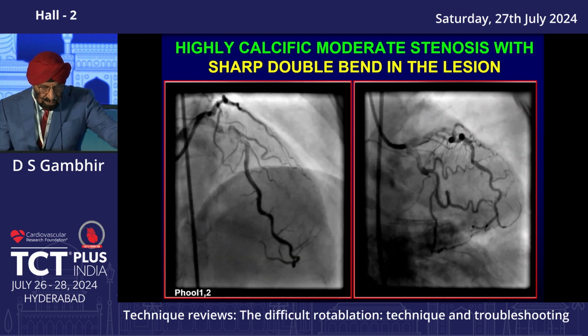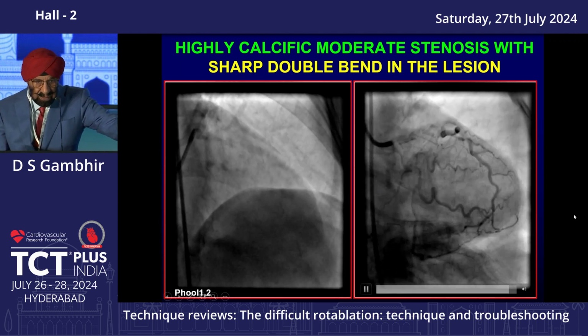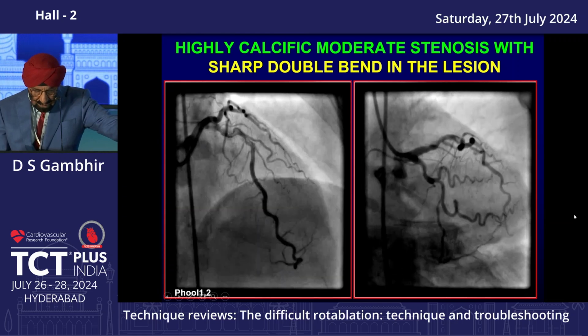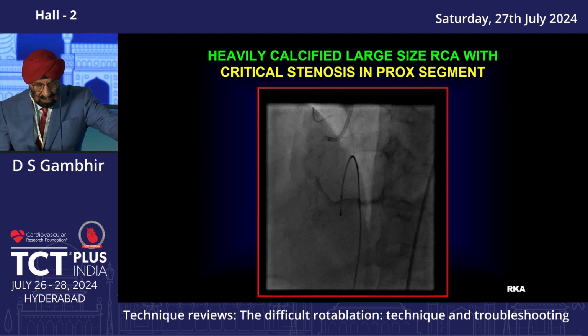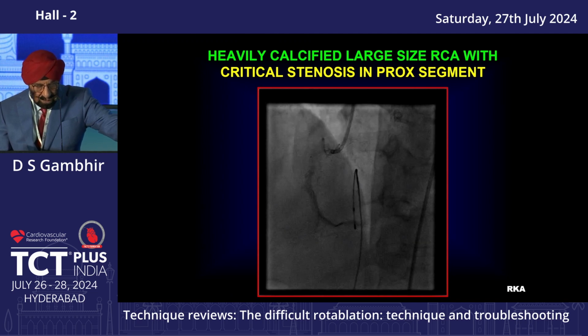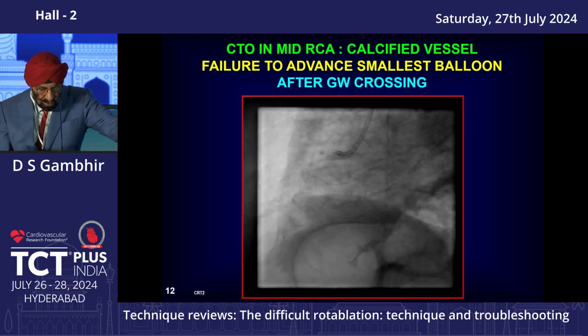You can see a 90-degree double bend here, and it is highly calcified. It is not very easy to get a rota down in this kind of vessel. Then this is a heavily calcified large right coronary artery with a critical stenosis in the proximal segment and TIMI-1 flow. Such cases again require a lot of skill.